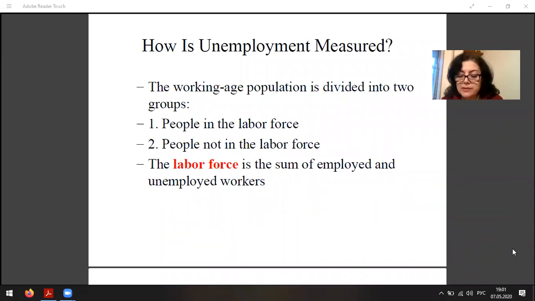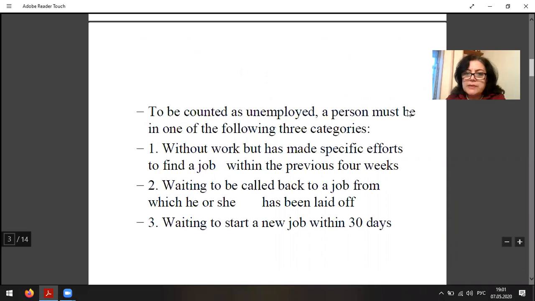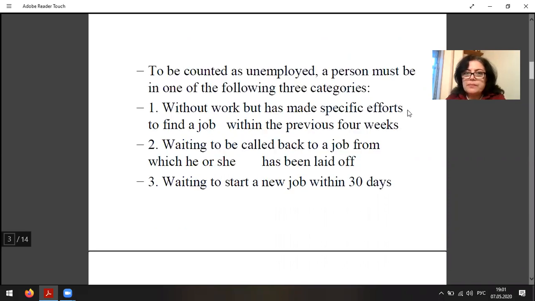So the answer is unfortunately negative, because the elements of the labor force imply two big groups of employees in the labor market. In case of not in labor force, we have to think specifically about the different groups of population that we consider.